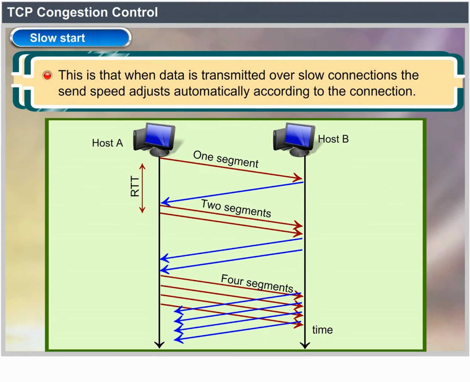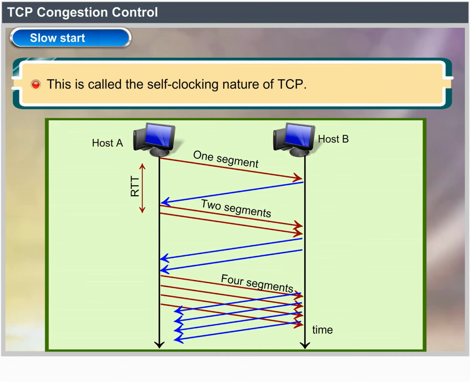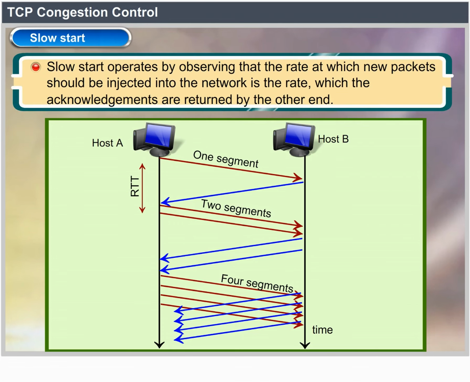When data is transmitted over slow connections, the send speed adjusts automatically according to the connection. This is called the self-clocking nature of TCP. Slow start operates by observing that the rate at which new packets should be injected into the network is the rate at which the acknowledgements are returned by the other end.